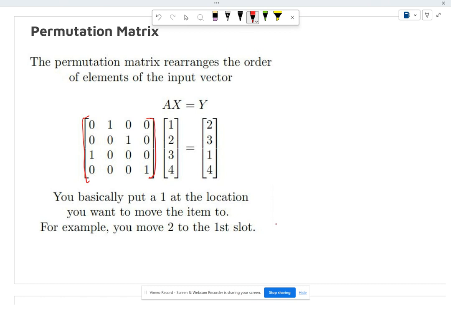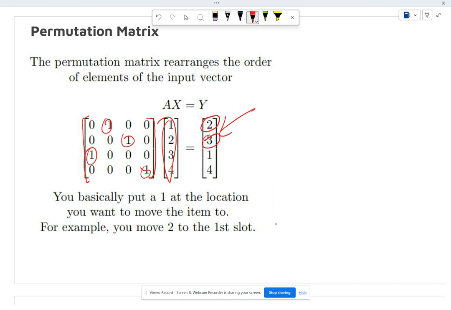So, for example, notice if you multiply by this, then this and this, notice you're going to get 2. And then this and this, notice you're going to get 3. So by intelligently picking where the 1 value is, you can rearrange the order.